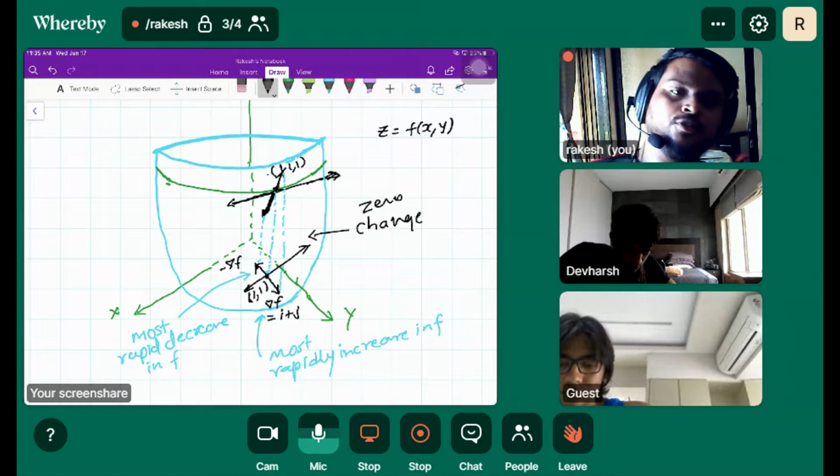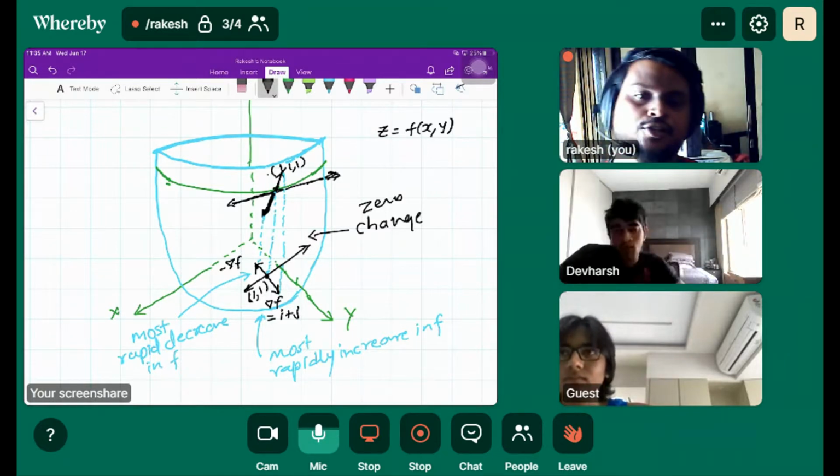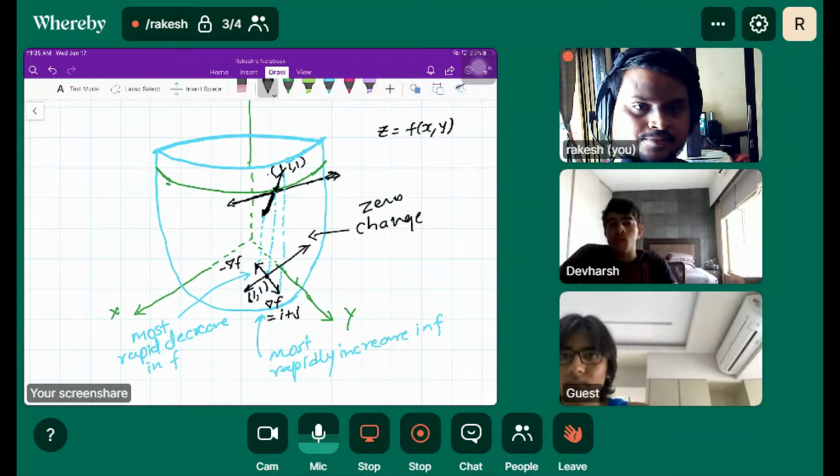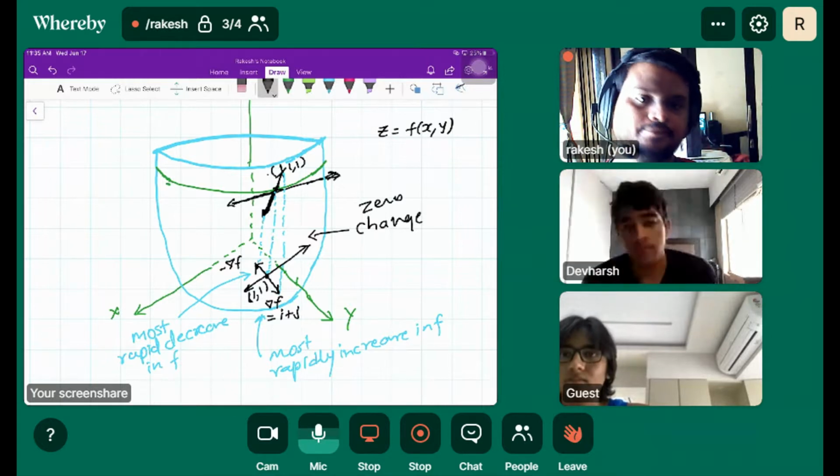See, this is important because we have to extend our topic to find out the equation of tangent plane and tangent line. So everything you can see in this diagram, basically.